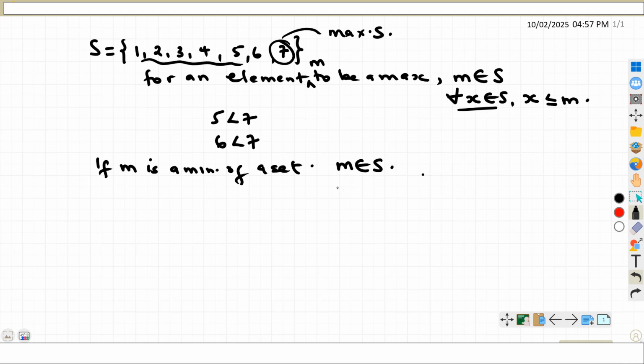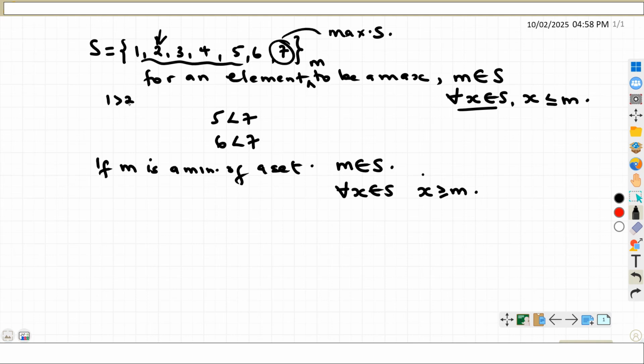And likewise, for all the elements you pick from the set S, all these elements should be greater than or equal to M, meaning M should be the smallest. So if we are to pick the smallest element here, that element should be 1. Otherwise, if you pick a number like 2, you cannot say that this 1 will be greater than 2.